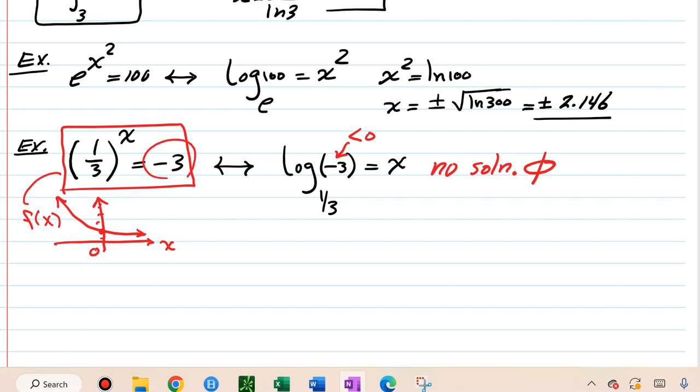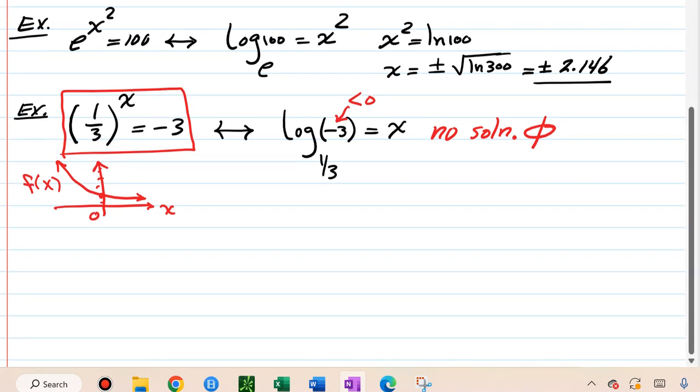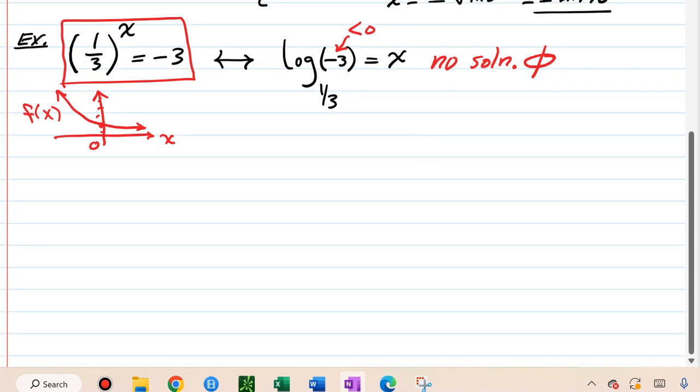There's no way the value can be negative. So we could have caught it this way also. But math always gives you options to do things more than one way. However you do it, this one does not have a solution. There's no solution to this equation.